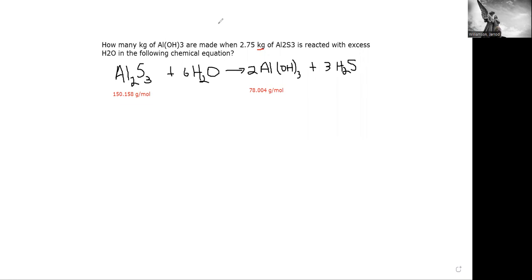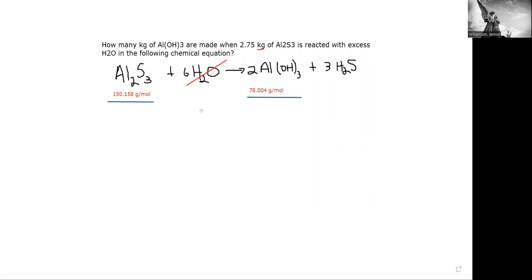So in this problem, I'm going to be working with this piece and this piece. When it says the water is in excess, that means I'm not using the water for my calculations.